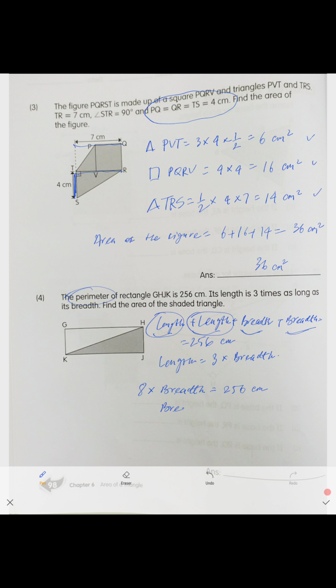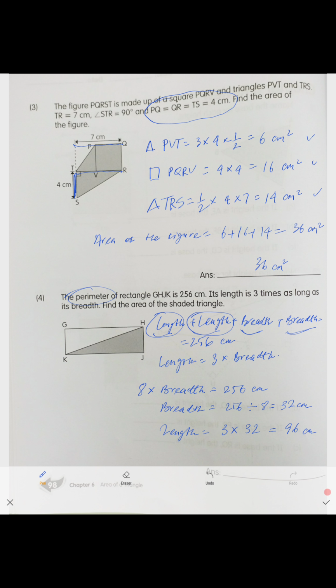So we can find our breadth. 256 divided by 8 is equal to 32 centimeters. And our length, they tell us 3 times, so 3 times 32 is equal to 96 centimeters.